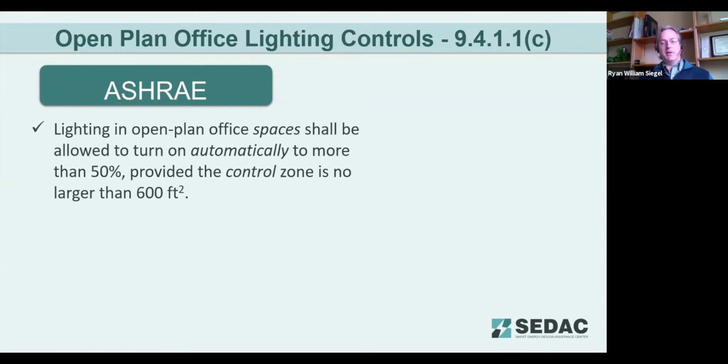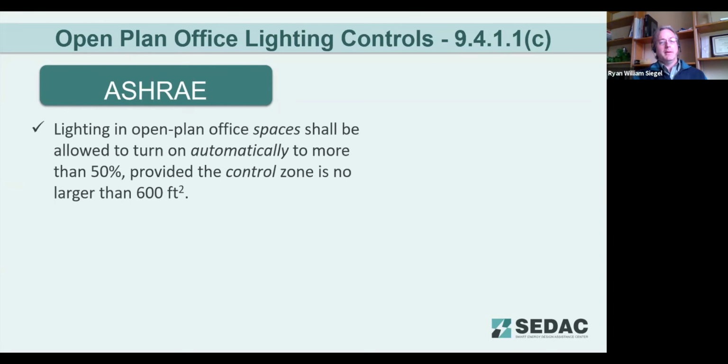So a little bit of a difference in how they phrase it, but practically speaking, both of them allow open plan offices to turn on when someone comes in. So you don't end up with, you can only go on to 50%. Well, where's the light switch? The light switch is way over there to turn on this cubicle section. That's not terribly practical.